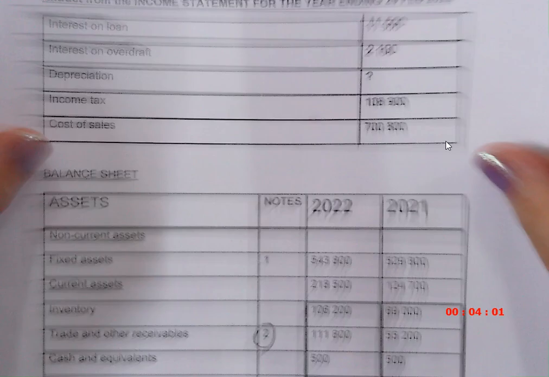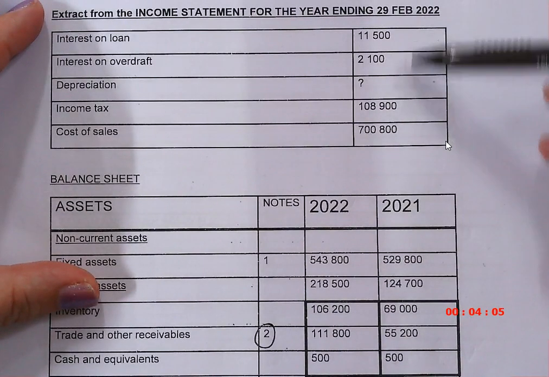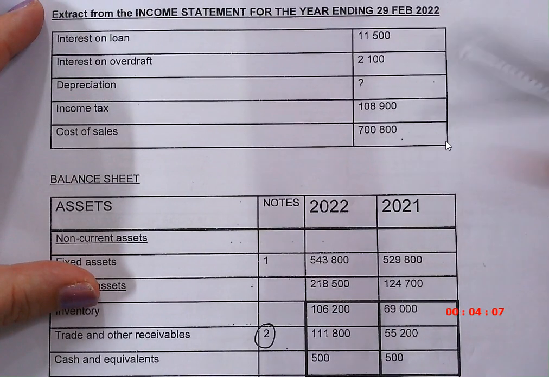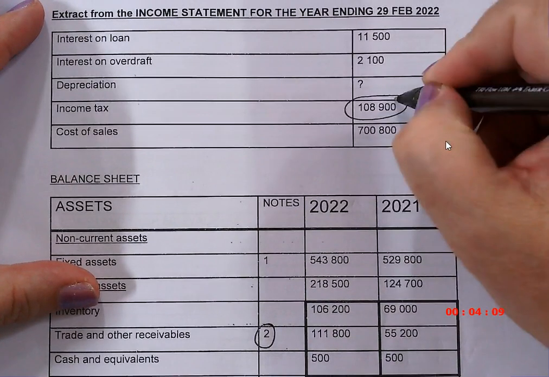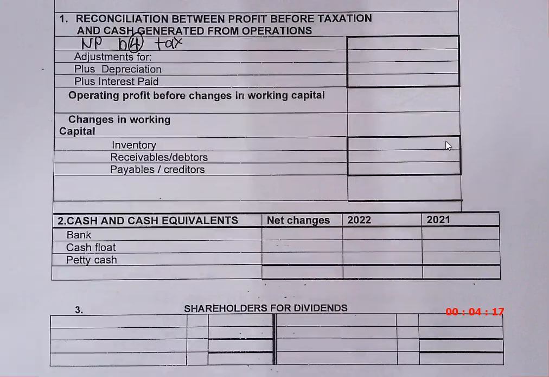Now I see, do they give me the net profit before tax here? No. But they do give me tax. If they give me a percentage, I can calculate net profit before tax. Let's see what else they give me.